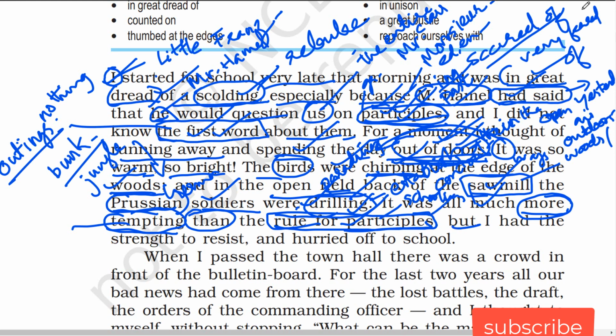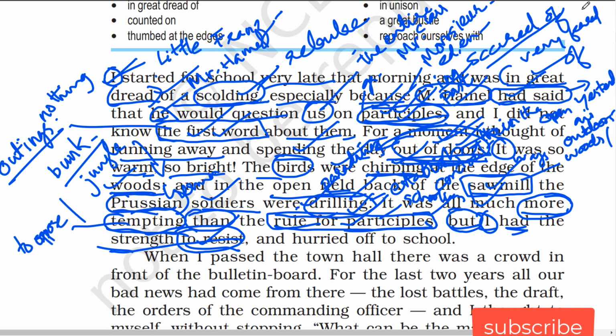But this is the but clause. I had the strength to resist. But the boy had the strength to resist. Strength to resist means strength to resist. Resist means to oppose.